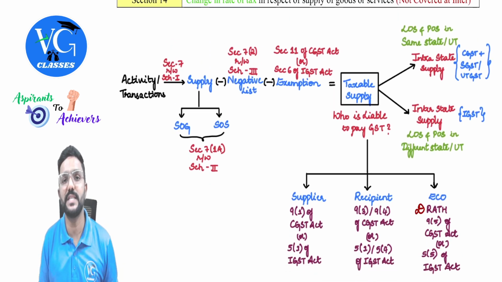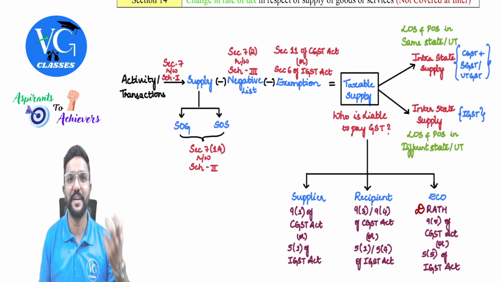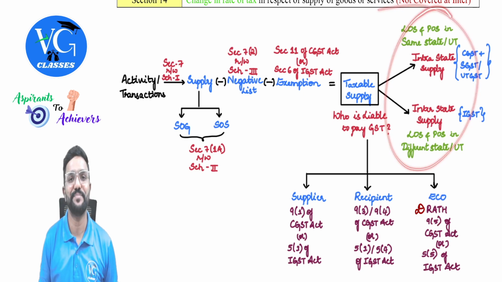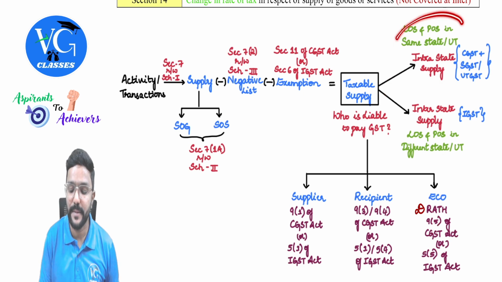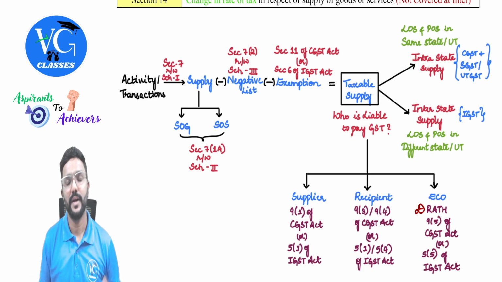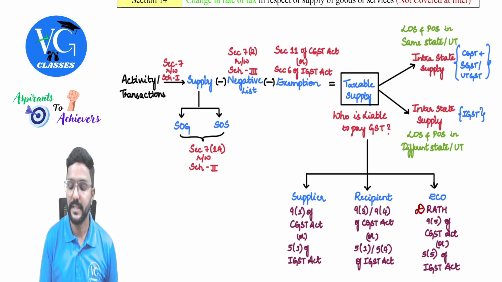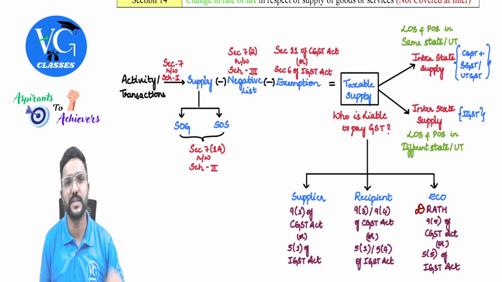What amount of GST should they pay? For which, it depends on the nature of supply. When the location of the supplier and the place of supply are in the same state or union territory, we call it intra-state supply. In case of intra-state supply, CGST is levied by the central government and SGST is levied by the respective state government.